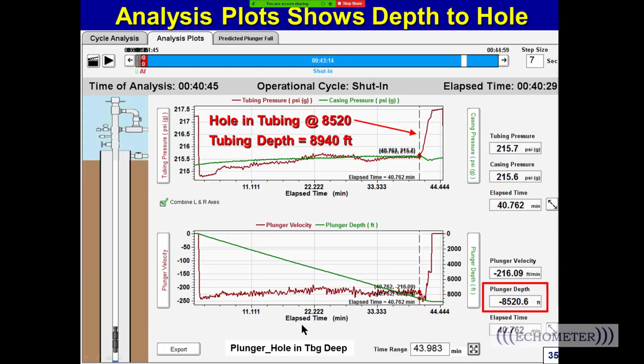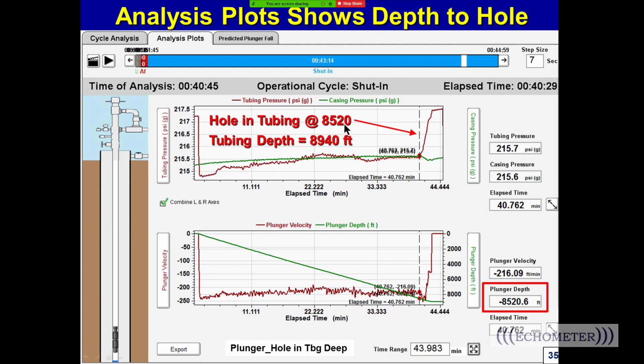Now this is a well that says the plunger hole is deep in the tubing. And what we see here is the red is the tubing pressure, the green is the casing pressure. And right there, the plunger goes by the hole and the pressure starts equalizing. And so we can see this pressure change by looking at the tubing pressure, and we identify the hole.